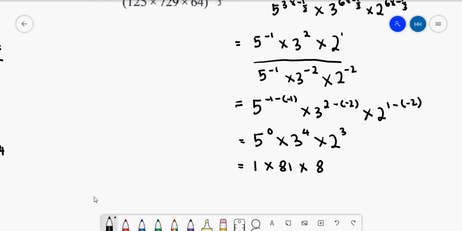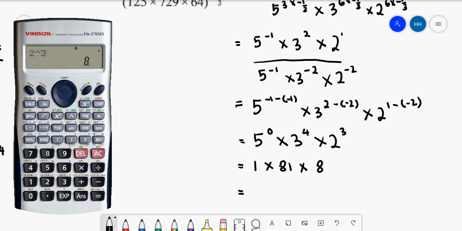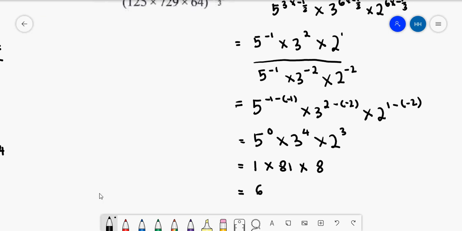And then you solve. 1 times 81 times 8 is equals to 648. So the answer for question 2B is 648.